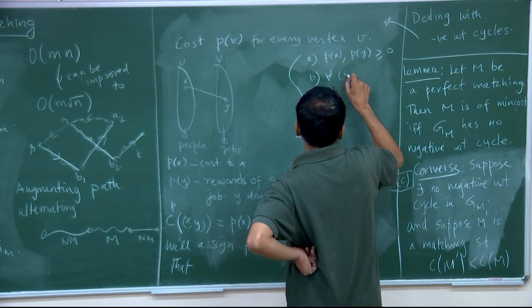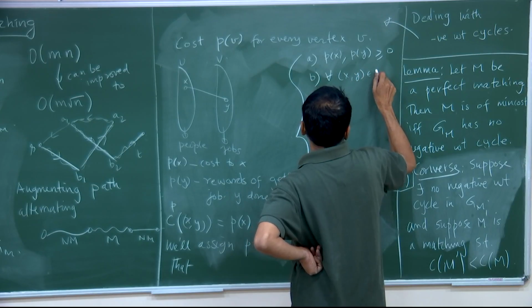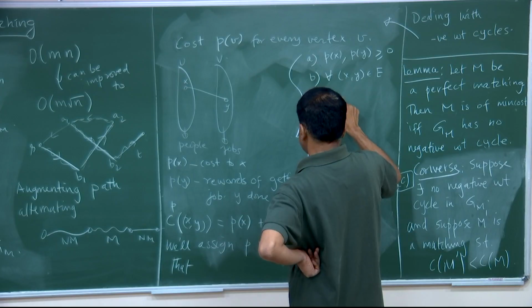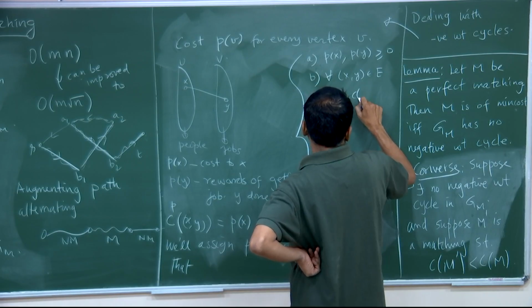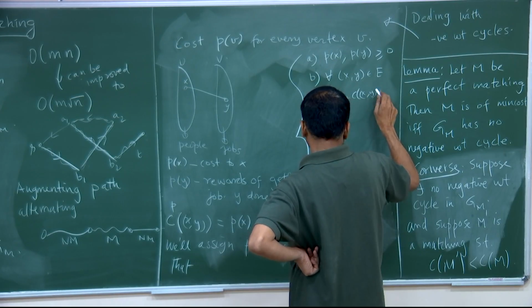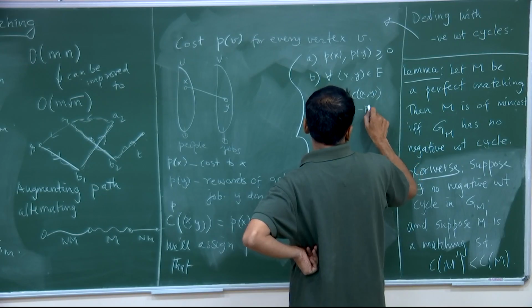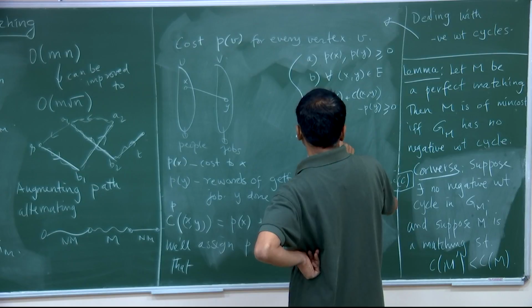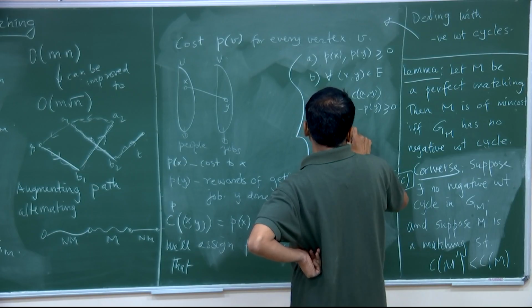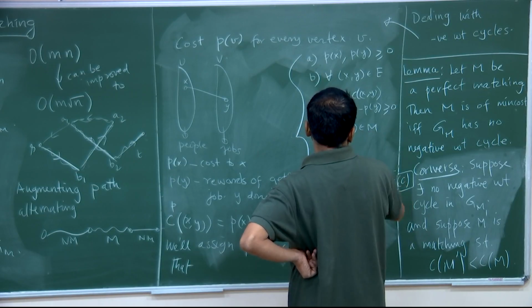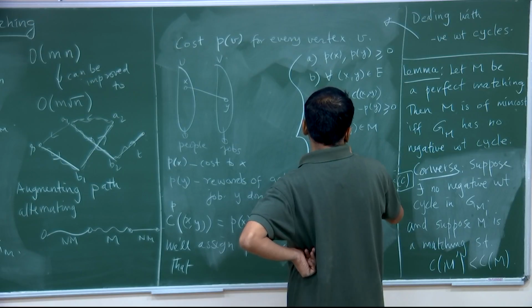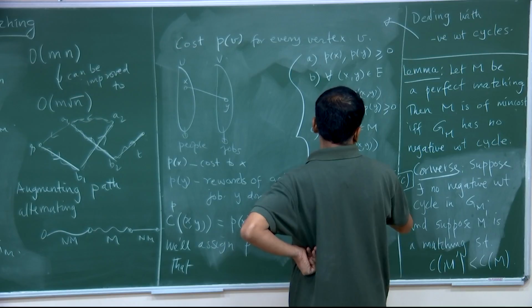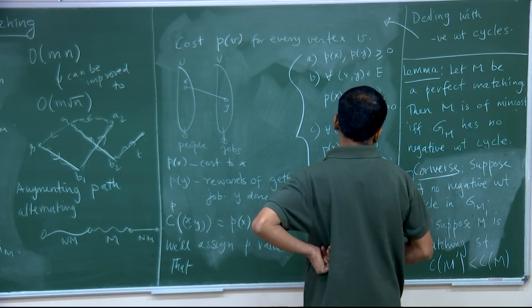For all x, y in the graph, p of x plus cost of xy minus p of y, the reduced cost, is always greater than or equal to 0. And for all xy in the matching, p of x plus cost of xy minus p of y is equal to 0.